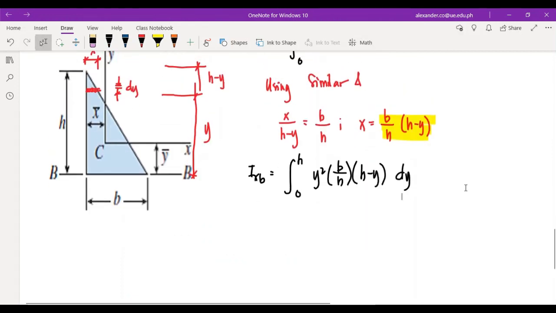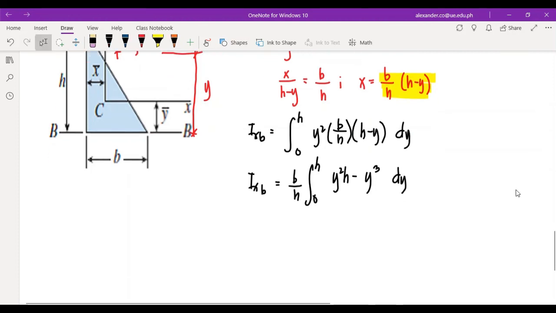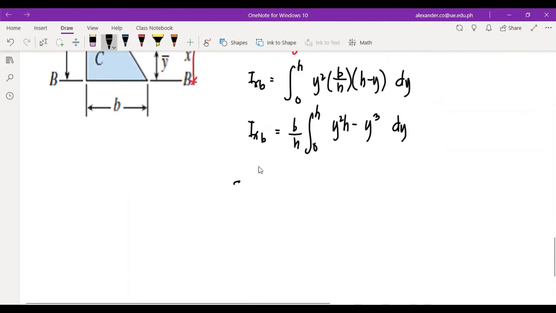So, do the same thing again. I'm not showing it, just move the b over h there. It's exactly the same. Integrate it. Let's finish up to the integration. So, b over h, from 0 to h, will now be y squared times h minus y raised to 3, dy. You just need to integrate that.